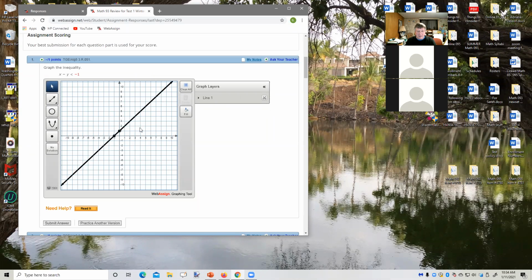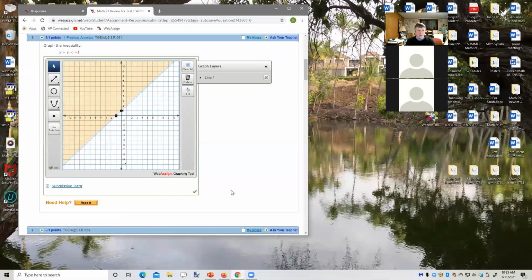It did not include equal to, so it's going to be a dashed line. The point 0, 0 was not valid, so we need to fill it on the other side of the graph. So that's what that problem should look like. Let's submit the answer and see if everything's okay. And there we go. Any questions about that problem before I go on to another one?